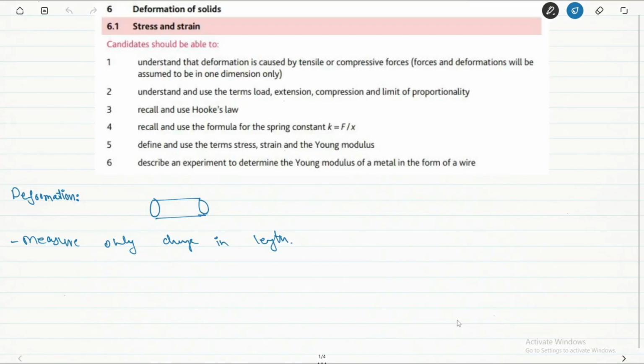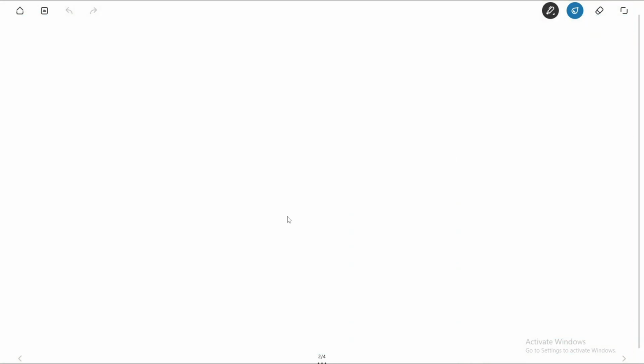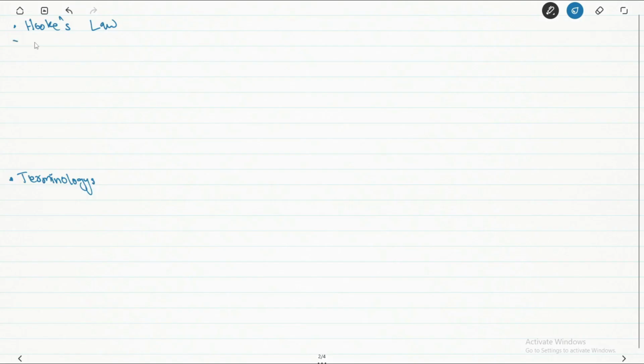on to Hooke's law, which states that the force applied to cause an extension is proportional to extension, right?